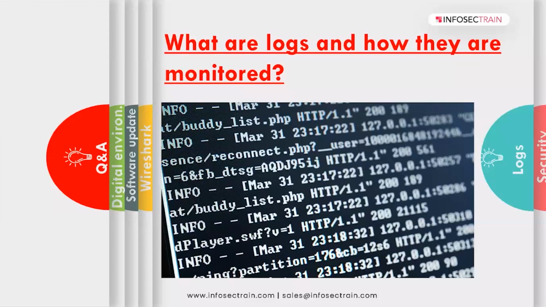When we talk about logs, we have different types of logs. Like, we have security logs.